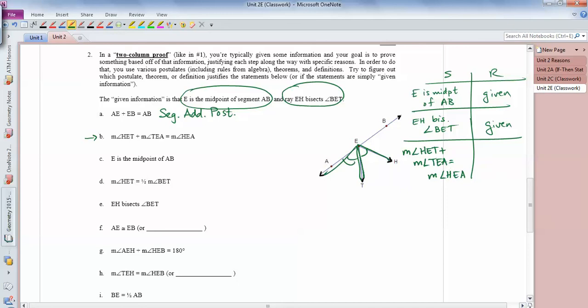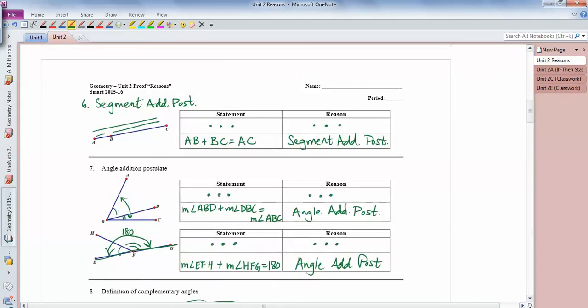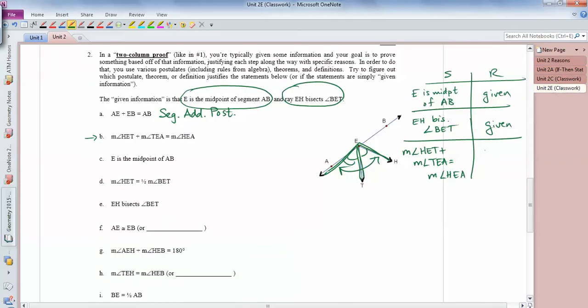You add them together and you get HEA, which is the whole angle. Well, if I take two angles next to each other, add them together to get the big angle, that's the same thing as the angle addition postulate. So this one, angle addition postulate, would be my reason that goes here.